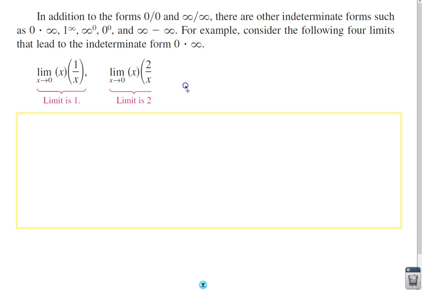Okay. What if I wrote that as x times 2 over x? Again, this is a form of 0 times infinity. Now my limit is 2. Let's look at another one. Here, now I have infinity times 0, which you would think would be the same. Over here it was 1, now it's 2, well, now it's 0.